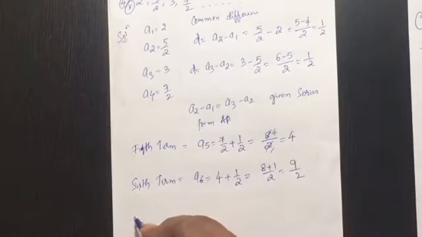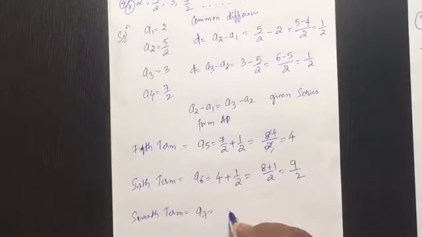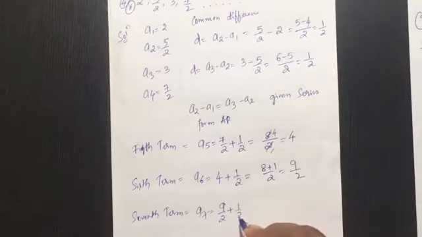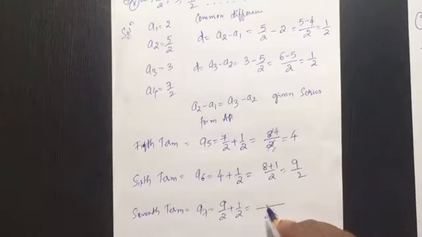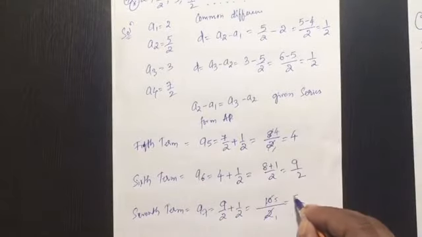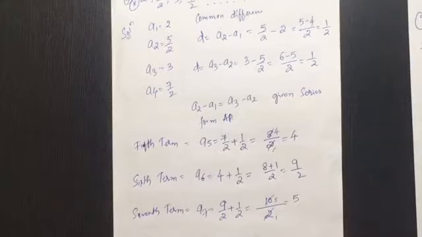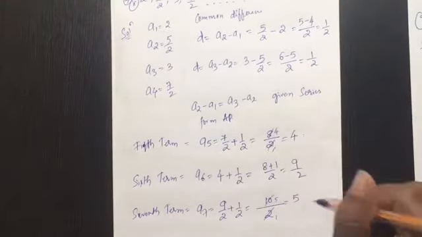Similarly, the seventh term is equal to A7, the sixth term plus the common difference 1 by 2. So I will take the common denominator 2. So 9 plus 1 is 10, so 10 by 2 is 5. So that is the fifth term, sixth term and seventh term.